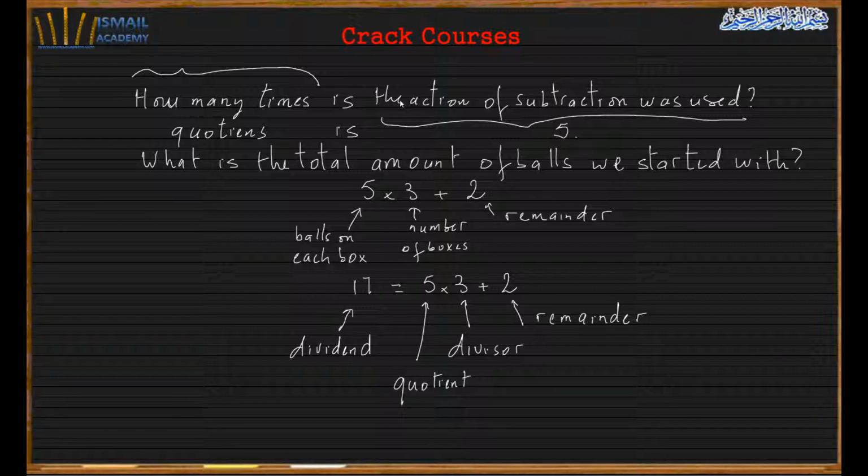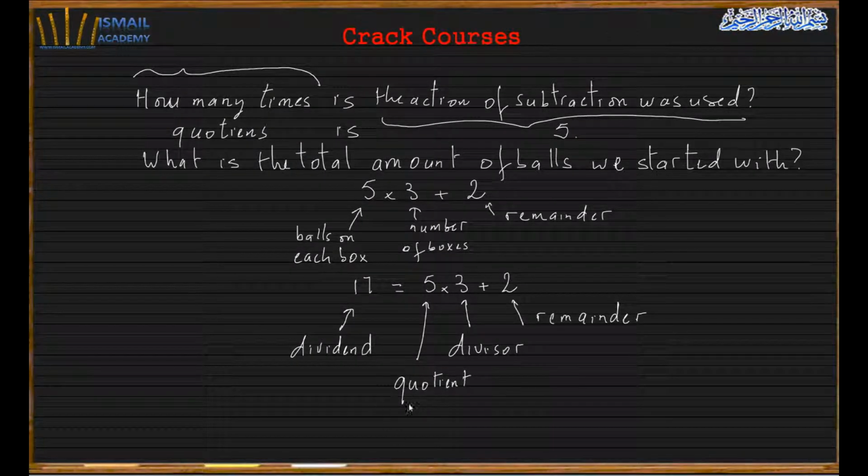So the number of subtractions we use is the quotient, and this is the representation of division. And the name we give to this representation is Euclidean division.